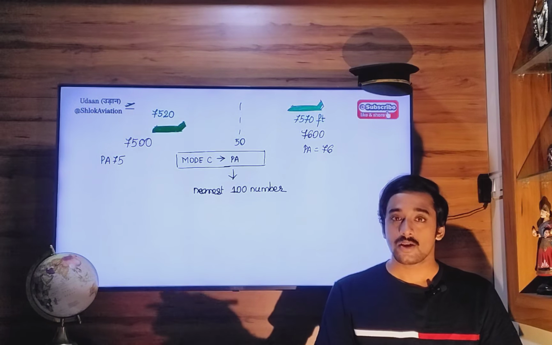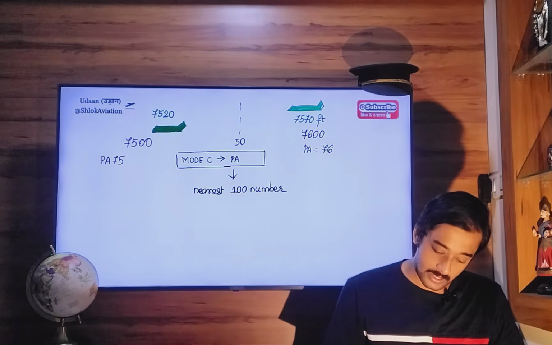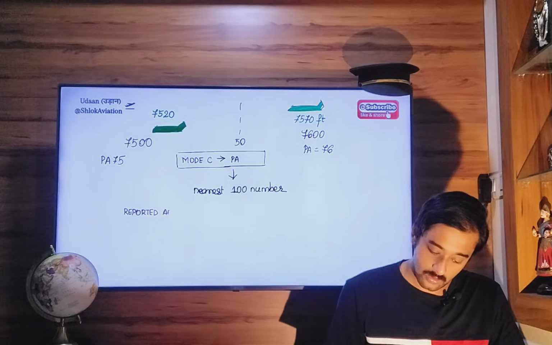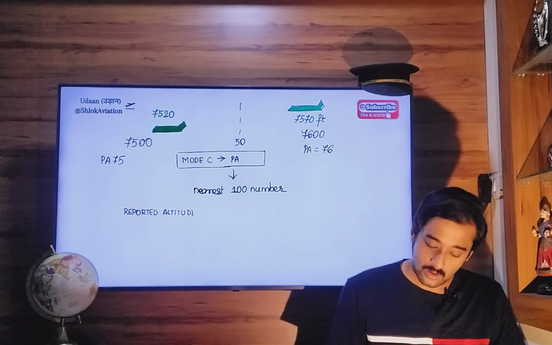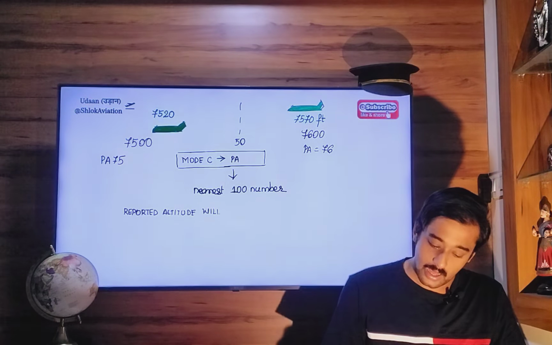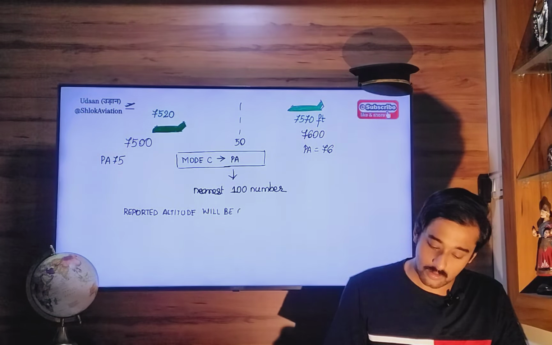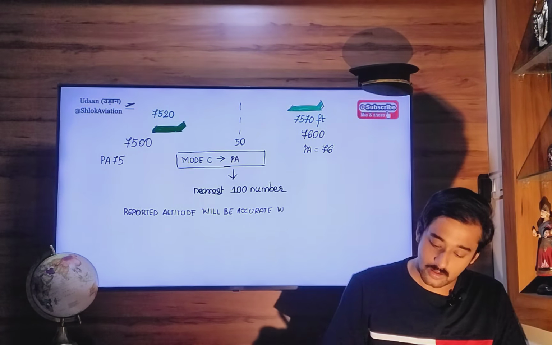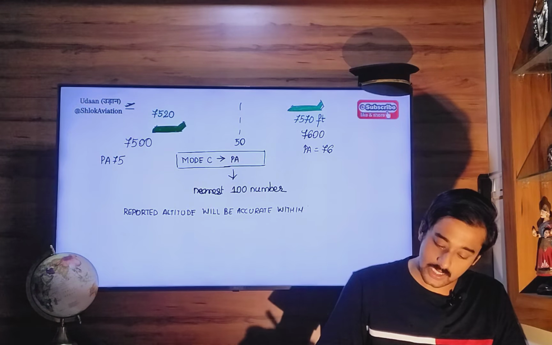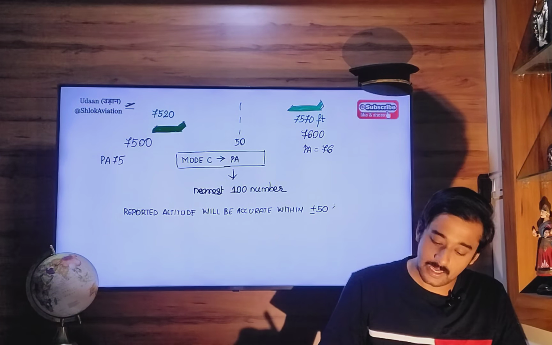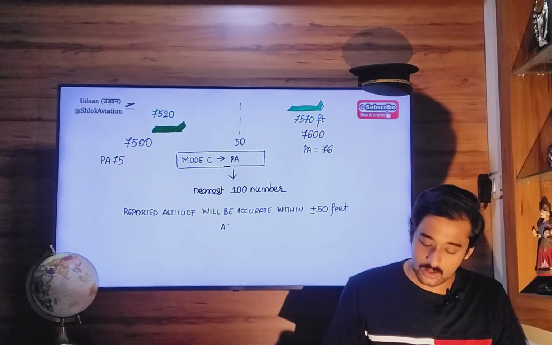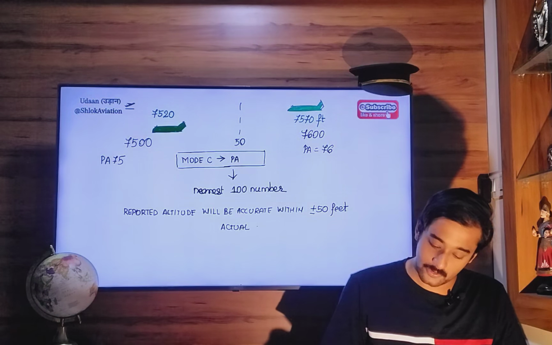So that means whatever altitude is reported to ATC will be accurate within plus minus 50 feet of the actual or true altitude.